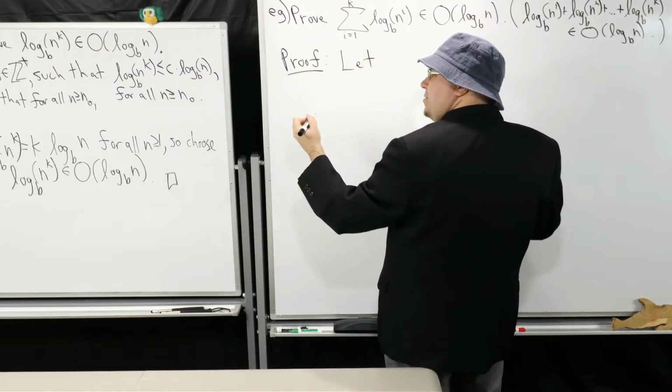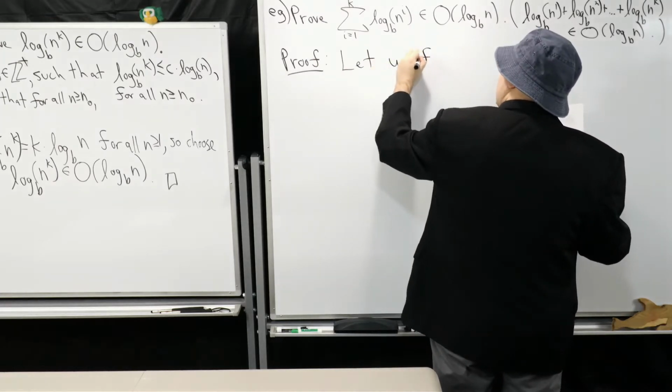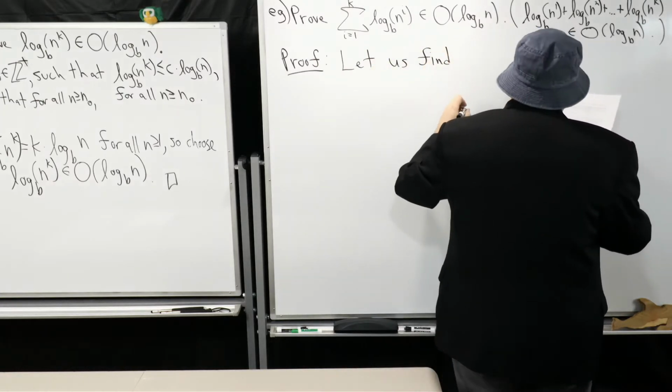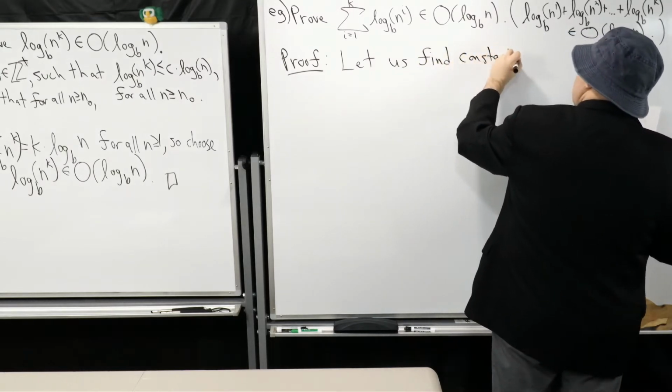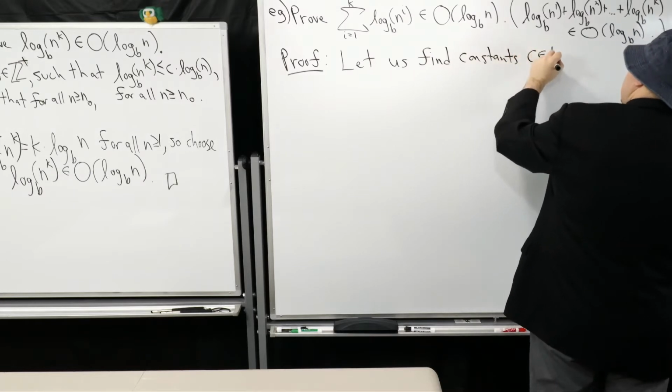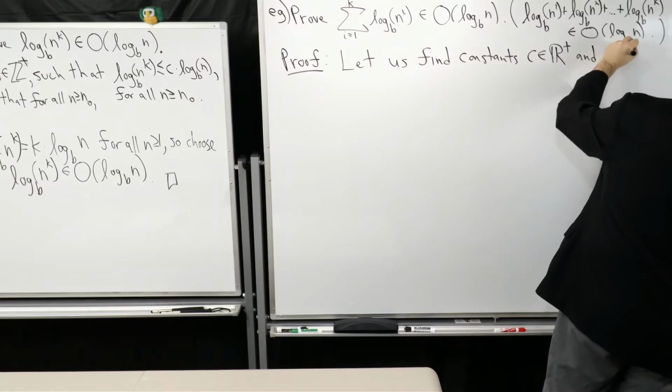So what's the first thing I do? I write down what the game plan is. Let us find constants c and n0, which, what is n0 again?